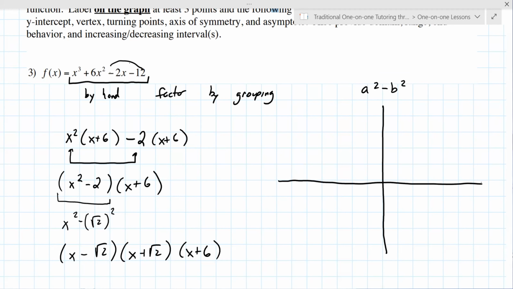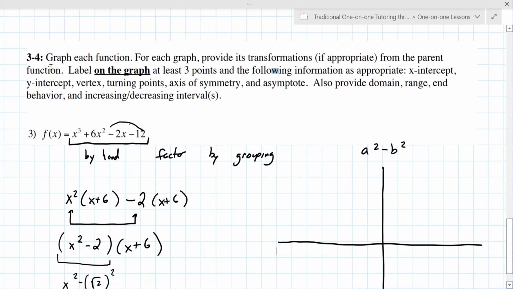Okay. So one of the things, I know I'm giving you a lot here. For some reason, your school, they give you this long laundry list of things, and it's very easy to miss some of them. So I would somehow label, okay, that's the first thing I need to do, label on the graph at least 3 points, or circle each thing that you need to do.